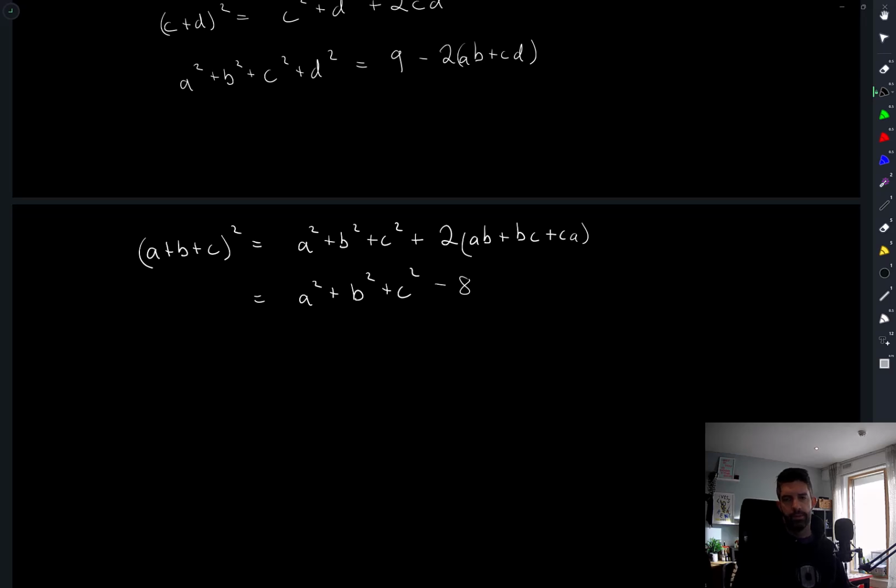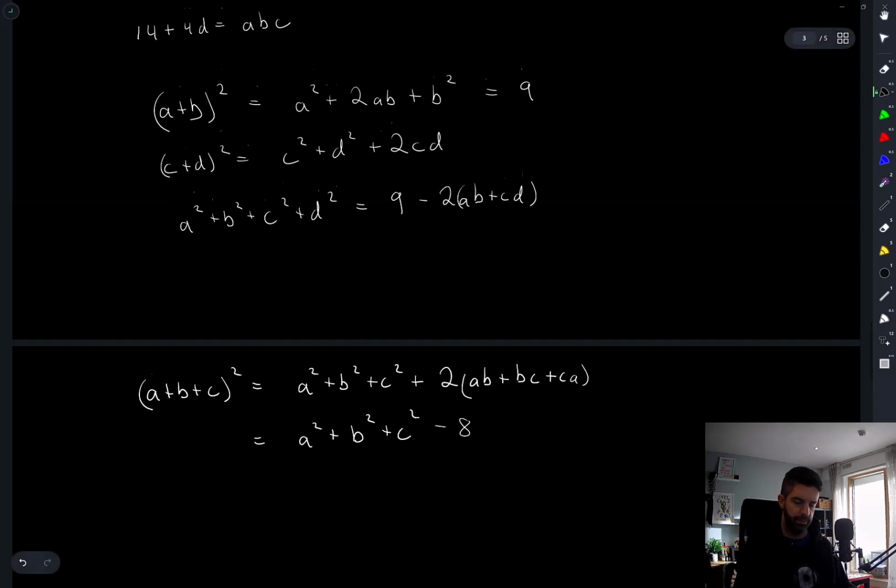I wonder, I really don't want to go and cube any of these, because the sum of these things cubed is going to be a massive expression. It'll contain all of the cross product sum, whatever you want to call it.